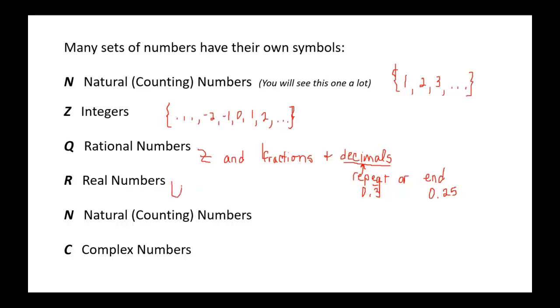So real numbers include all of Q and the rest of the decimals. The math term for the rest of the decimals is irrational numbers.